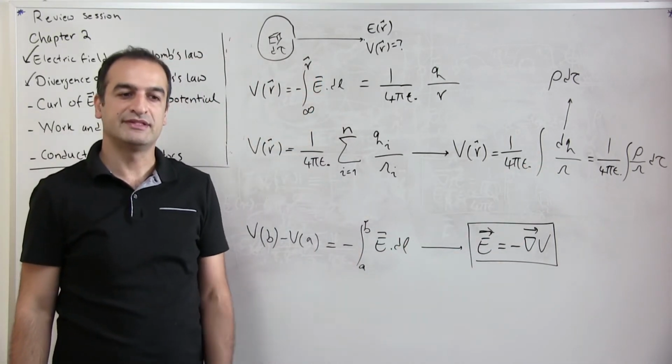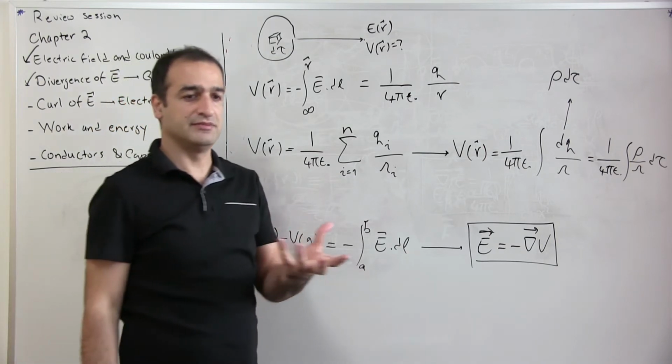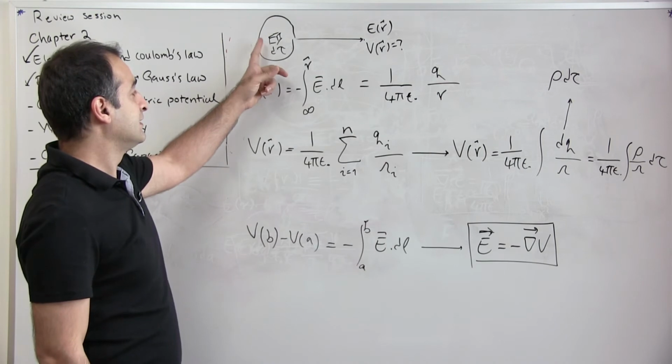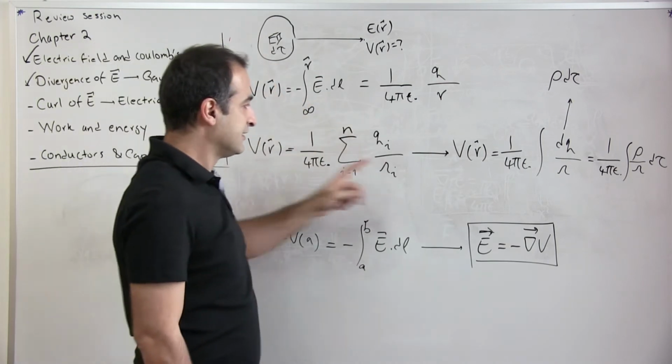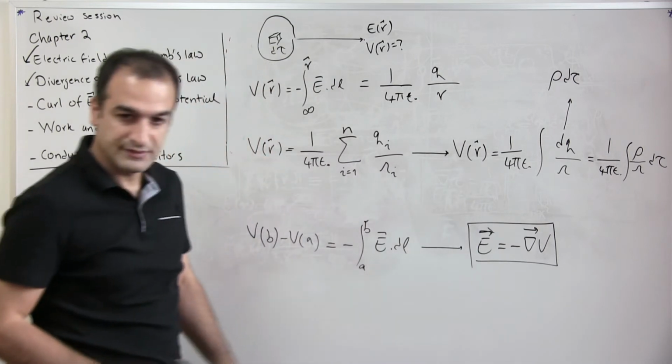And that is a question you had in the second quiz, right? You had a disk surface charge distribution and you calculated the electric potential by carrying out basically this integral over the surface. Sounds good?